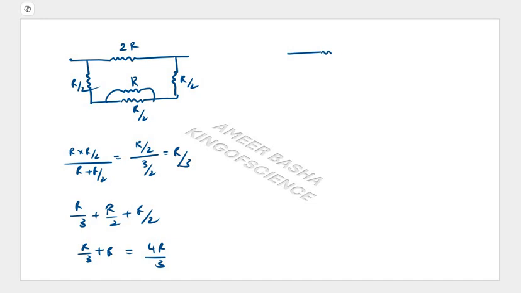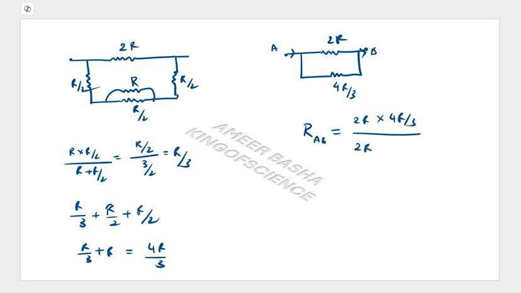Then finally it comes out to be here 2R and this entire thing comes out to be 4R by 3. So I can write here A and that to be B here. Then equivalent resistance between A and B will be 2R into 4R by 3 divided by 2R plus 4R by 3.